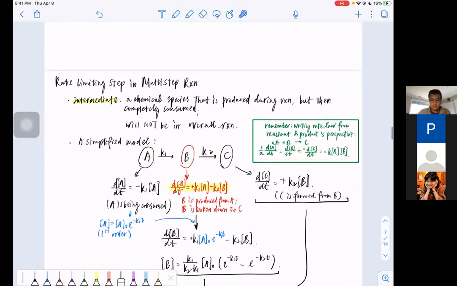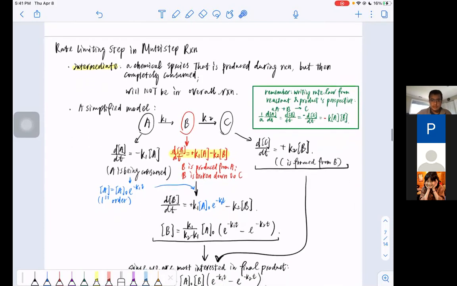So a terminology thing is intermediate. It refers to something that's produced in the process of a reaction and completely consumed during the reaction. So it will not show up in the overall reaction. Okay.